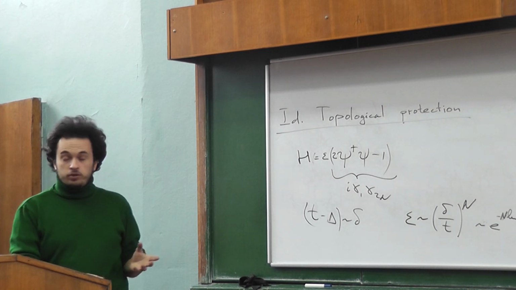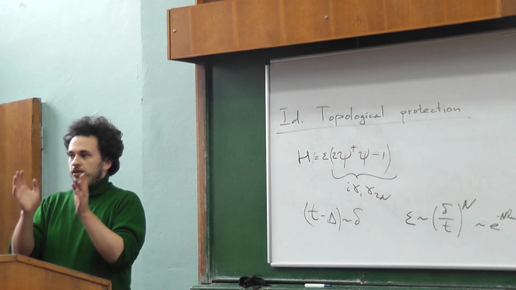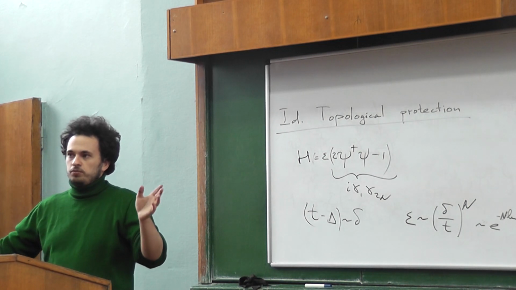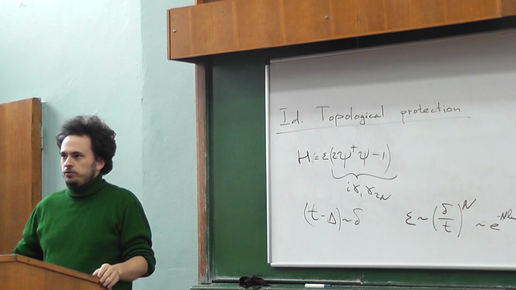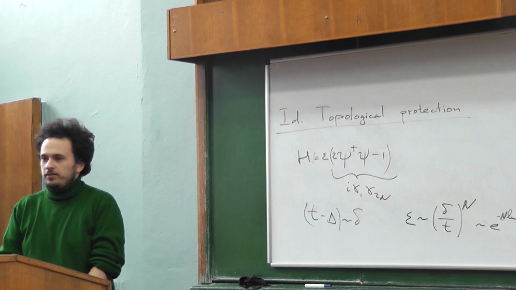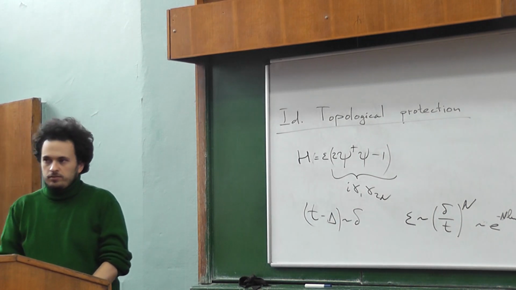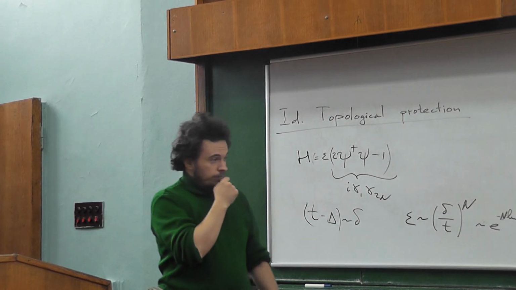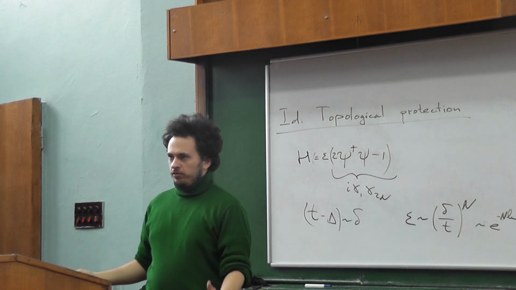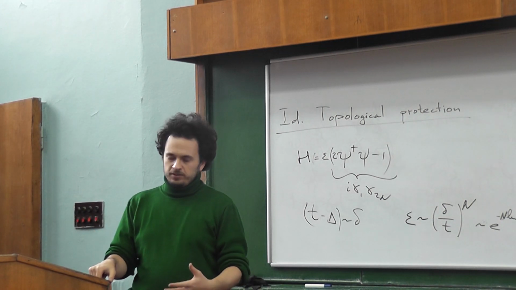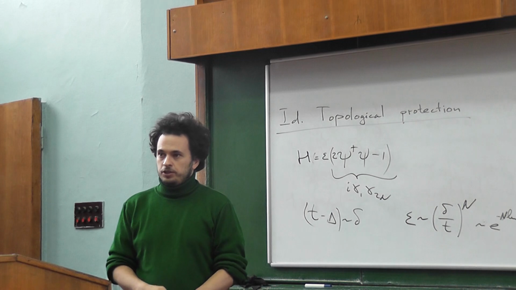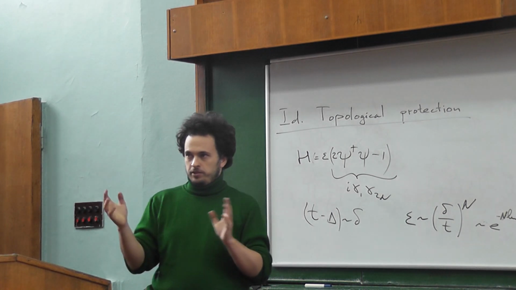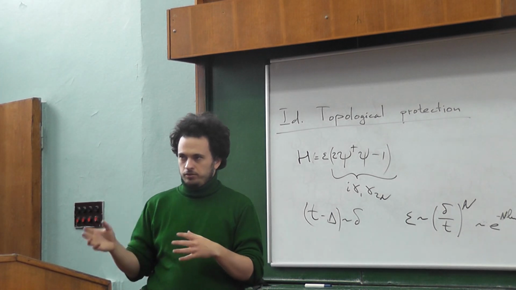But the most important part, if I have a product of many numbers smaller than unity, I'm going to get something small. It may be complicated to solve, but you expect that ultimately the protection is there independently of whether the system is translationally invariant or not.